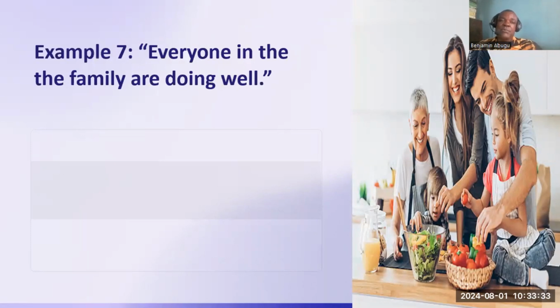This brings us to example 7. Everyone in the family are doing well. Can you correct this sentence by yourself? Everyone in the family are doing well. What is wrong with this sentence? Well, the mistake is that we ought not to use are, okay? Using are instead of is makes this sentence incorrect.